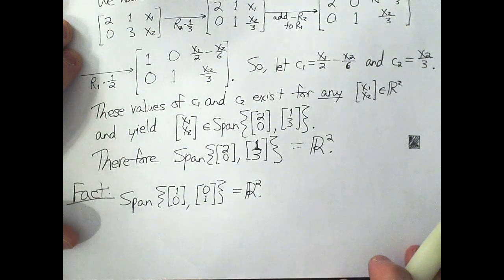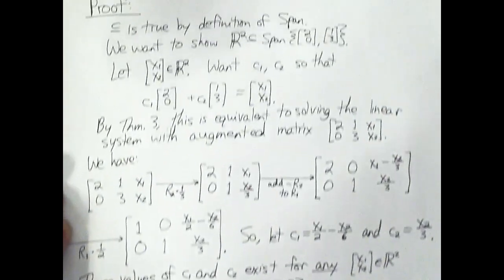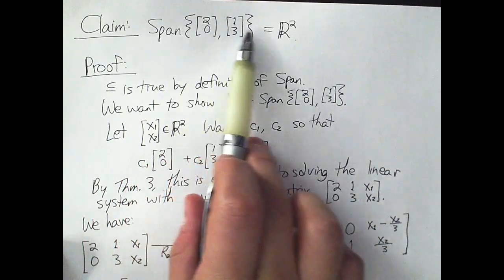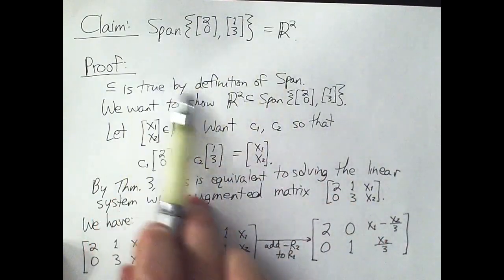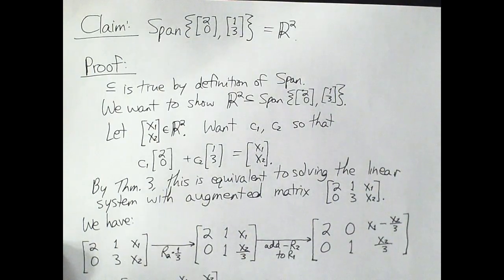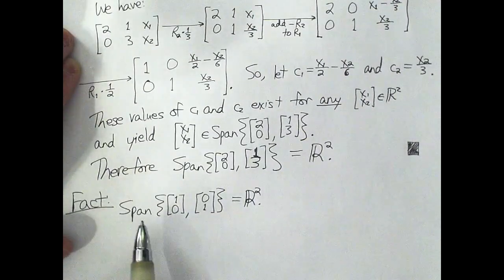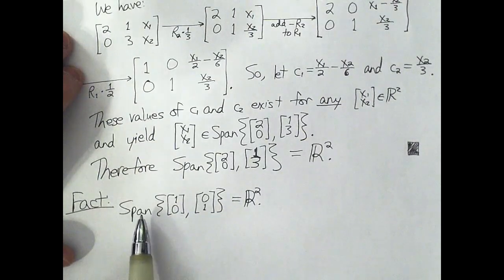I'm going to move the page for just a second to show you something, okay? Up here at the top of the page, I claimed that the span of these two vectors equals R2. We went through this work to prove it, and it is a true statement. Now, at the bottom, I'm saying a different fact.